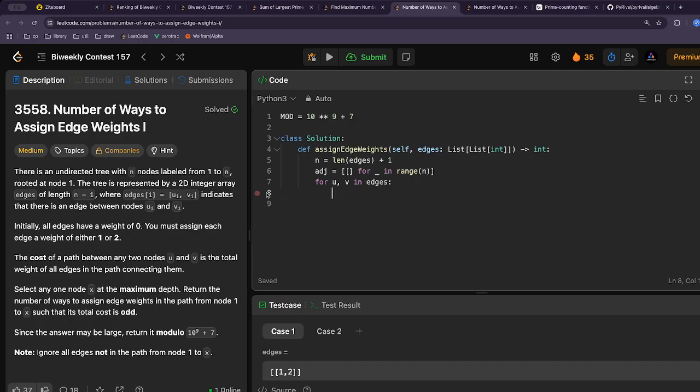Yeah, notice that it's weird that the nodes are 1 based. They usually don't do this in LeetCode. For some reason they chose that. So I like to have everything 0 based, so let's do this.